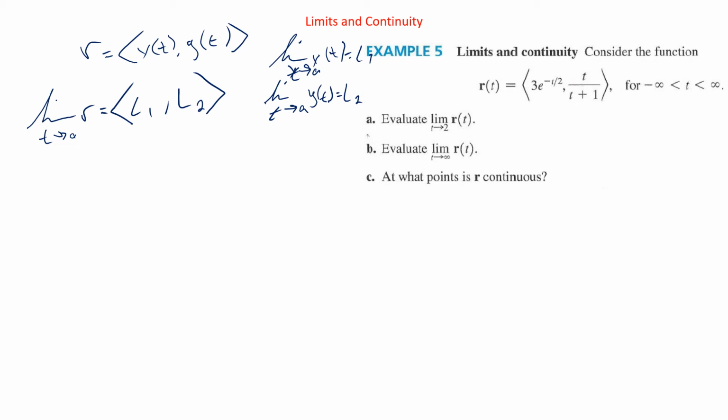So for the limit as t goes to 2, in the first one, we'll have the limit as t goes to 2 of 3e to the negative t over 2. That is going to equal, we can plug in 2, we get e to the negative 1 times 3, which will be 3 divided by e.